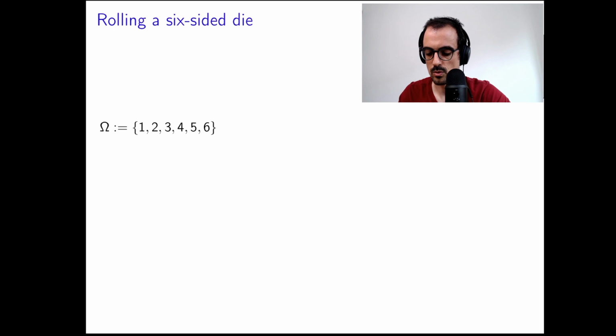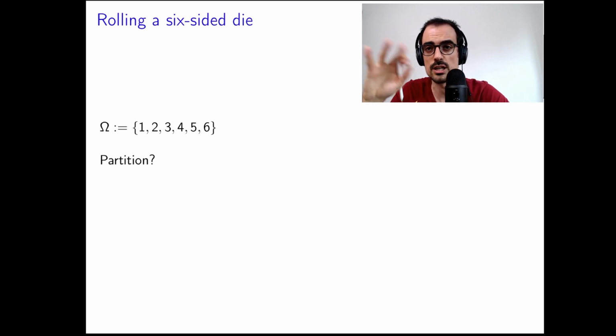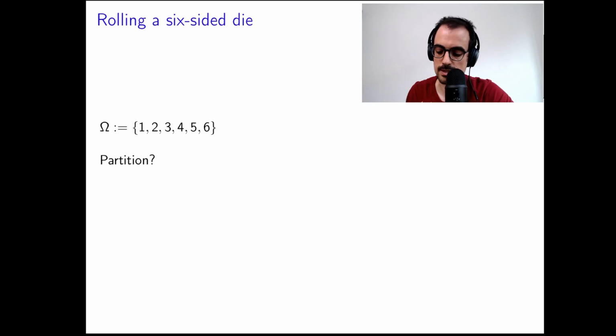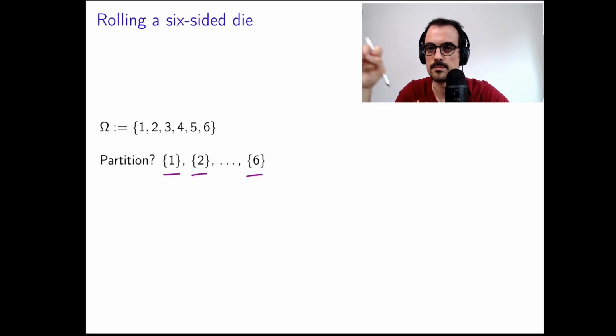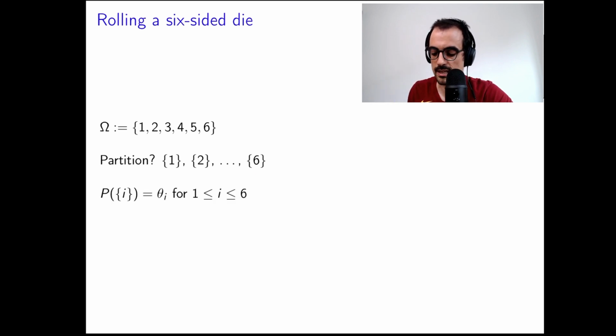Okay, so we're rolling a 6-sided die. What partition could we use here if we're interested in the collection of all possible events? A reasonable partition is just the one where each event is that we roll a particular value. Okay, this clearly covers, like the union of these is clearly equal to the sample space, and they're all disjoint, so we're good.